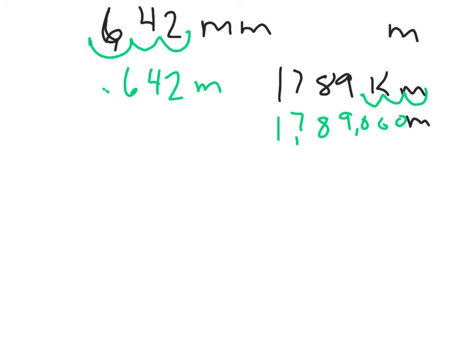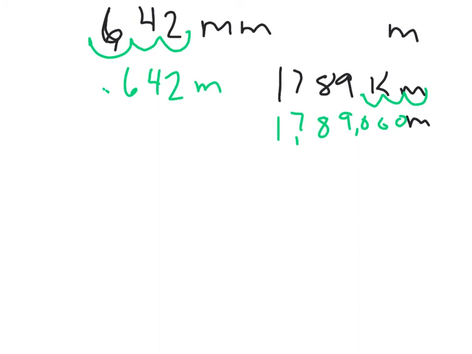Okay. So the other thing that we can think about with this is if I have giga, mega on the large side, or if I have micro, nano, pico. Okay. So giga, mega are large, so I'm going to put them on the left here.